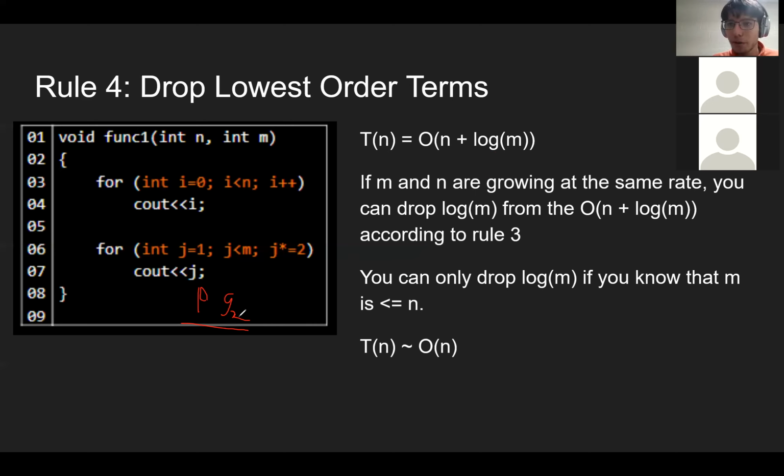Using the log rule, the change is only a constant factor. To go from log 2 to log 3, you just multiply by a constant factor. And since we drop constant factors, log 2 and log 3, in terms of big O, are exactly the same. So when you write log, you don't have to put the base, you just put log.